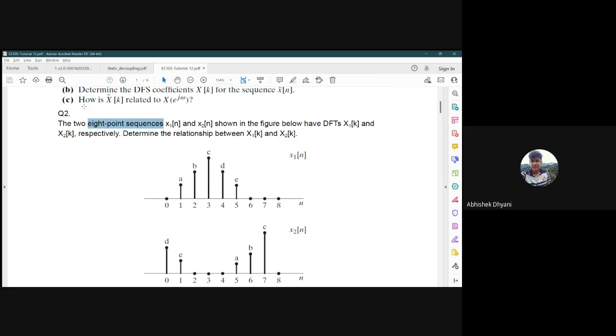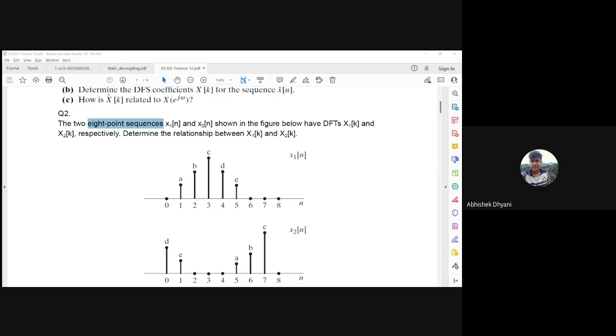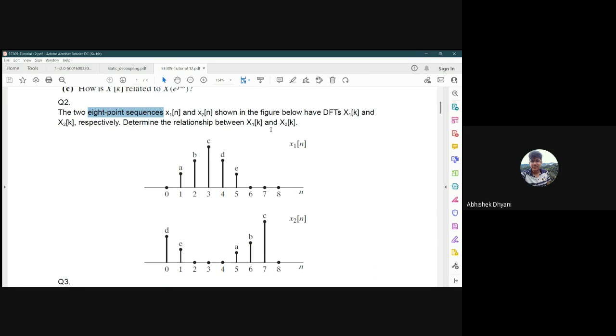So we have two 8-point sequences that are given to us, x1n and x2n, and these have been plotted in these two figures, and their corresponding discrete Fourier transforms are x1k and x2k respectively. We have to determine the relationship between their discrete Fourier transforms, right? So these are the two sequences. We have their corresponding discrete Fourier transforms as x1k and x2k, and we have to find out how their discrete Fourier transforms are related.